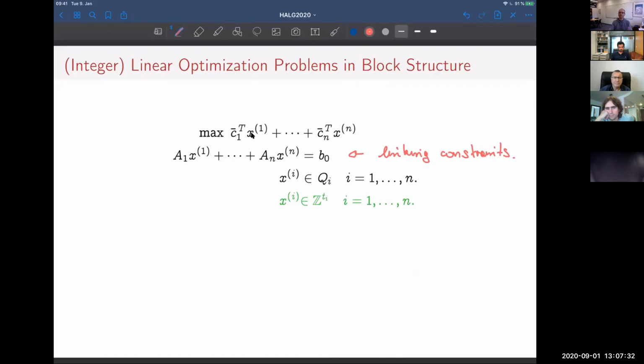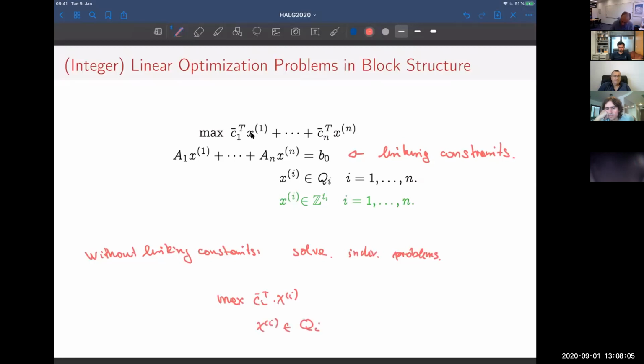You see, if I take these linking constraints away, then I just have to solve the individual problems, and they are: maximize c_i transpose times x_i, x_i an element of Q_i. Okay, I didn't tell you what Q_i is. So Q_i here is a polyhedron.